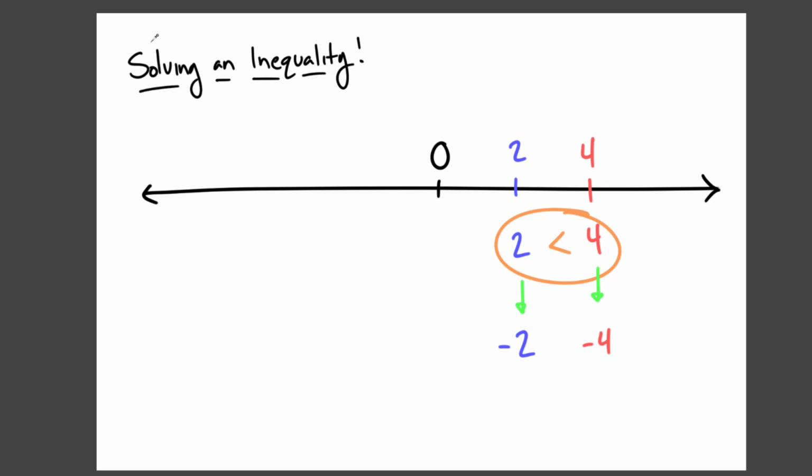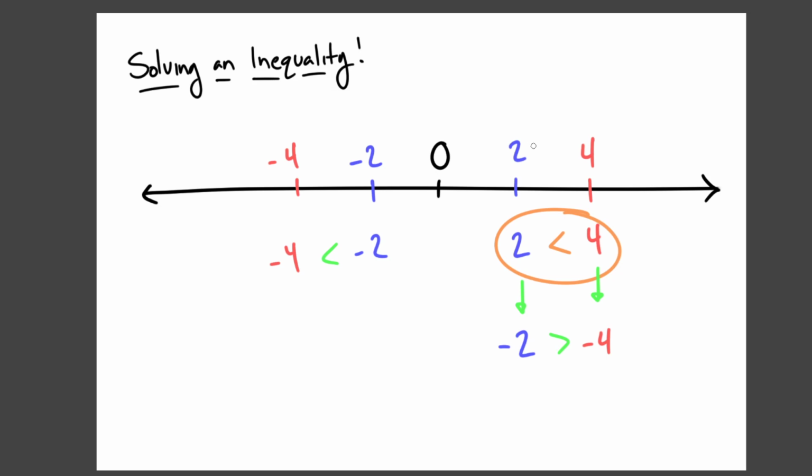If I rewrite these on my number line, negative 2 is going to be right here, and negative 4 is going to be right here. The problem is this less than symbol is no longer correct, because negative 4 is now less than negative 2. So when we multiplied by negative 1, the sign has to flip.